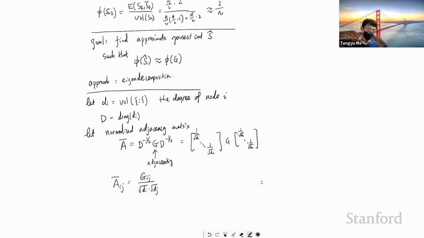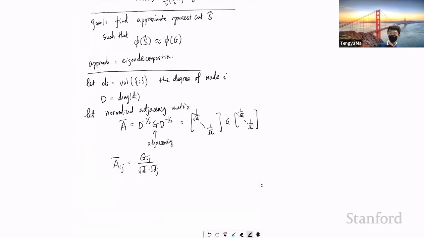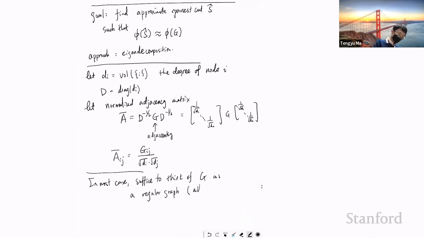So this sounds a little bit complicated, but I'm only stating this mostly for formality, because the key thing can be seen by assuming the graph is regular. So in most cases, it suffices to think of G as a regular graph. A regular graph means that all the degrees are the same.